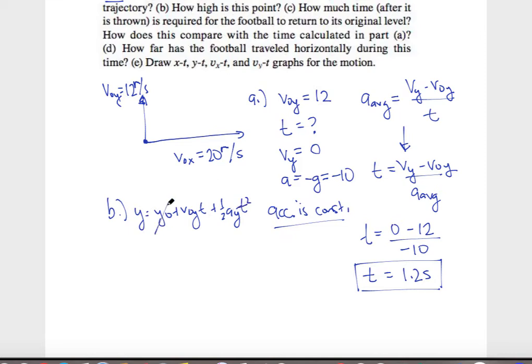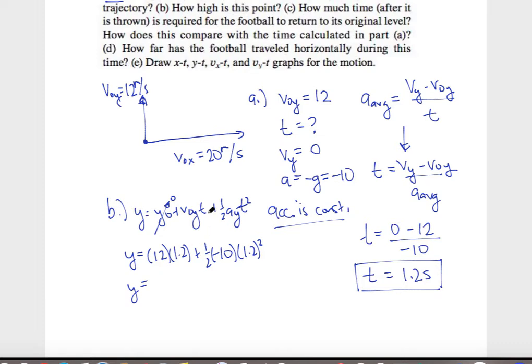So y0 is 0, and we are left with y equals, substituting as well here, 12 times 1.2 plus 1/2 times -10, don't forget the negative, times 1.2 squared. So again, do not forget the negative here.